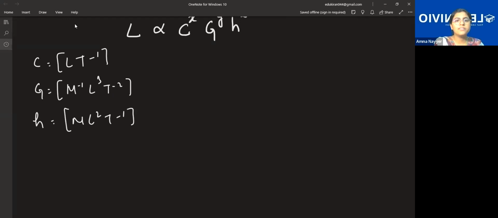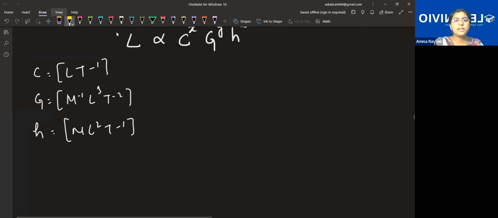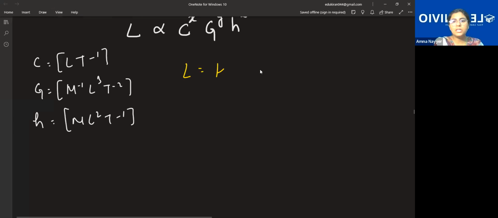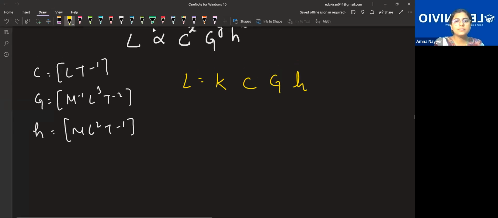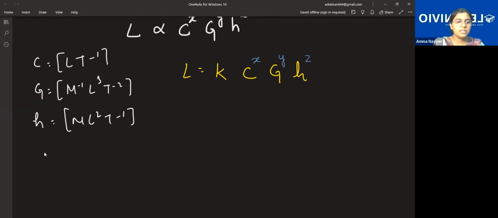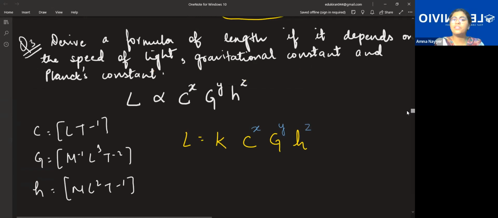So when we write this, this will become L is equal to K, C, G, H, and the powers here will be X, Y, and Z. So let us put the values. This is the formula of length only.